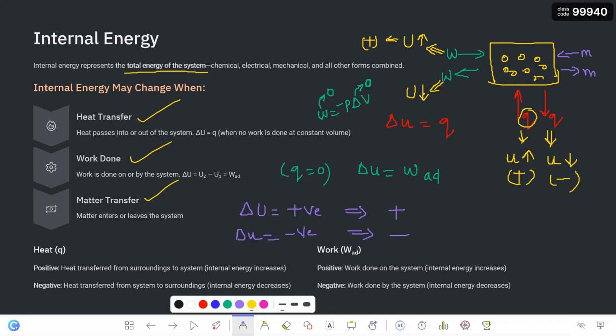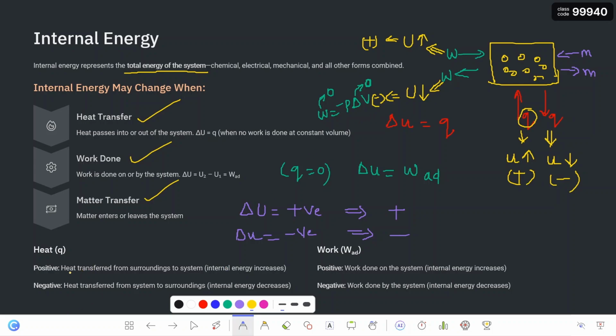You can imagine, if we are the system and we are doing some work, our energy will automatically reduce. And if someone is doing work on us and giving energy to us, energy will increase. But in this case work is done by the system, so internal energy will reduce. So in that case for work we will give negative symbol, that is written here.